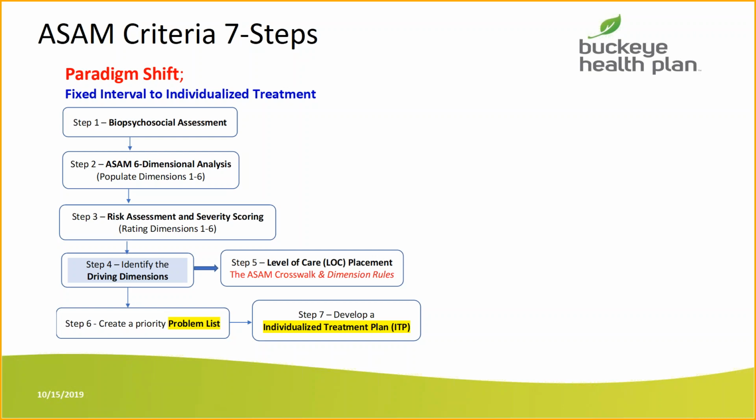These are your driving dimensions, because from those high scoring dimensions, you're going to take that information and figure out what is the optimal placement. What is the optimal level of care placement for this person? So you use the information in these dimensions. You use the ASAM crosswalk and dimension rules, and you get this person to the right recommended level of care.